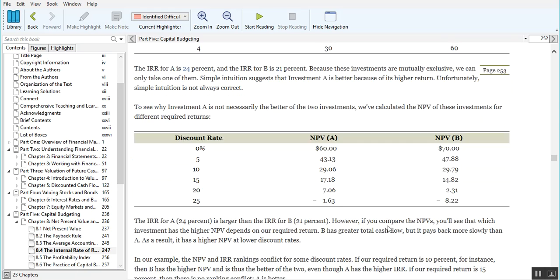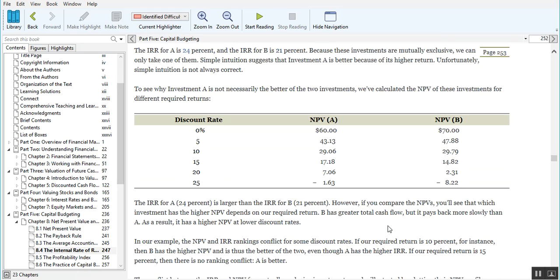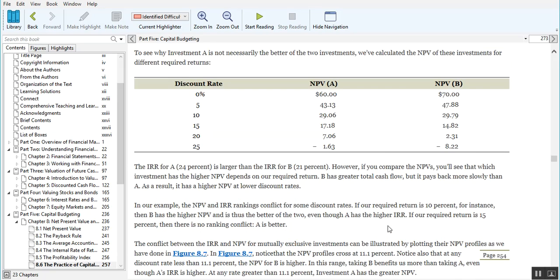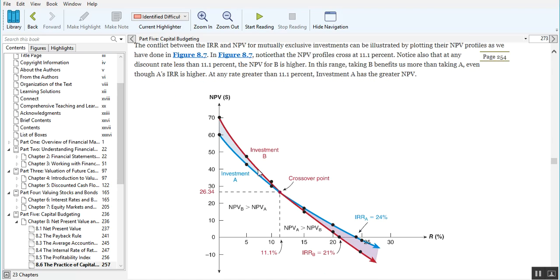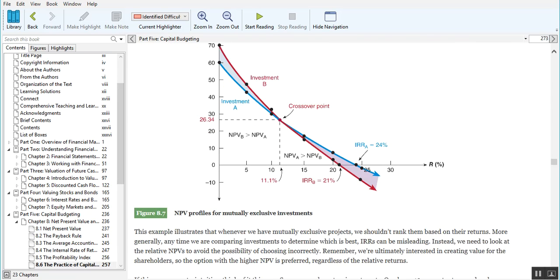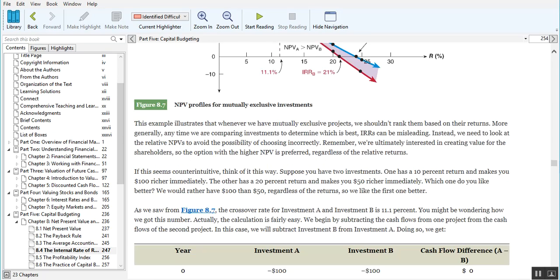So when we look at the net present value, we can identify the difference between the two investments. So intuition wouldn't necessarily be correct. Look at this with investment B or investment A. We initially thought investment A, but looking at this, the decision would probably be investment B.